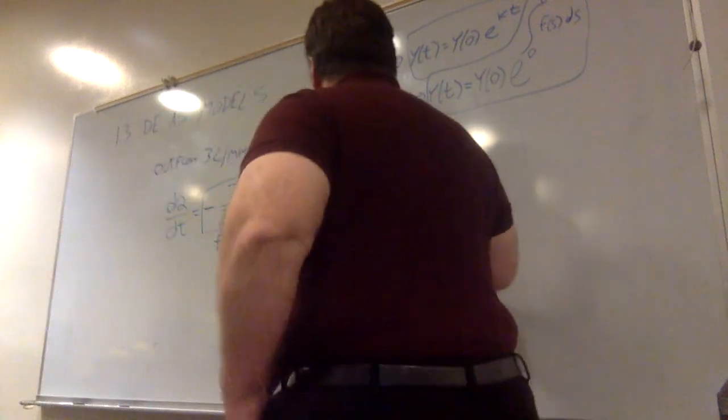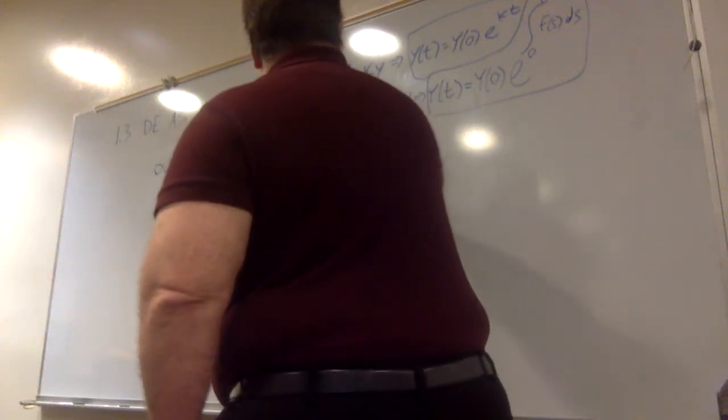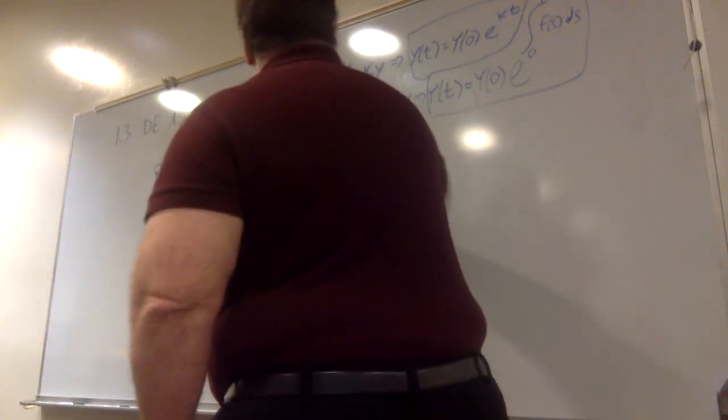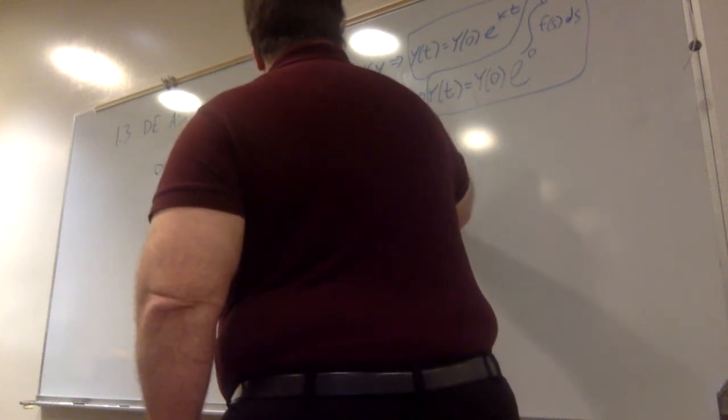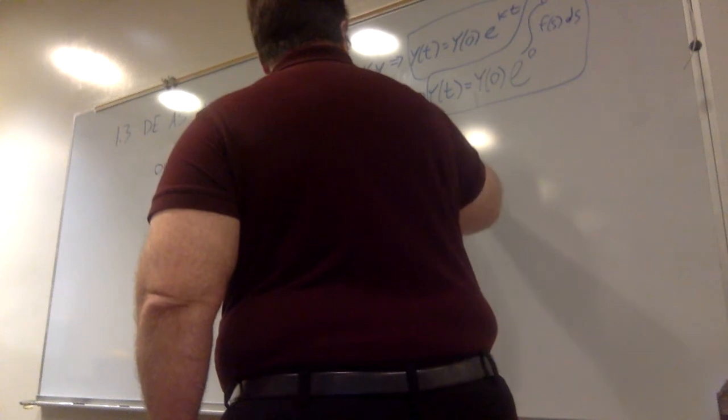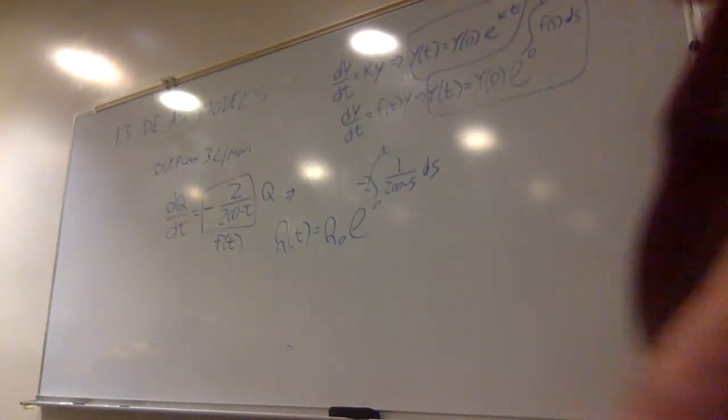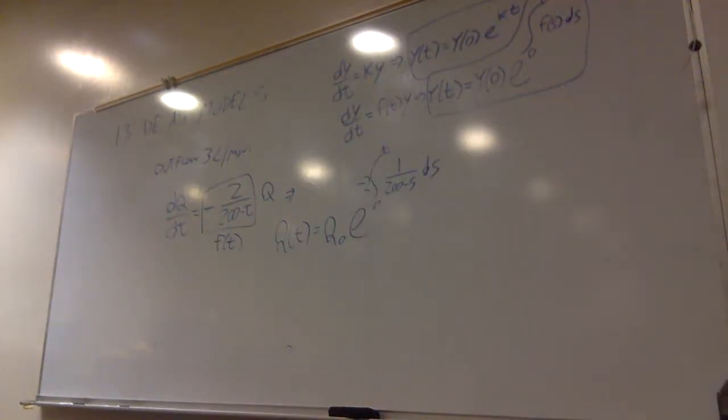e to the integral from 0 to t of minus 2, I'll pull the constant out, 1 over 200 minus s ds. Now, once one has a solution formula, I could stop there, but this is an integral that can be worked out.